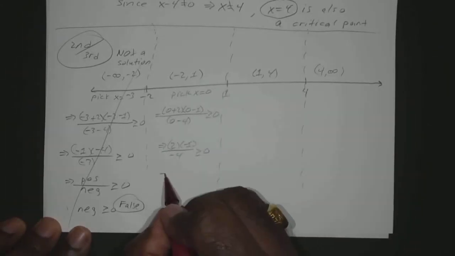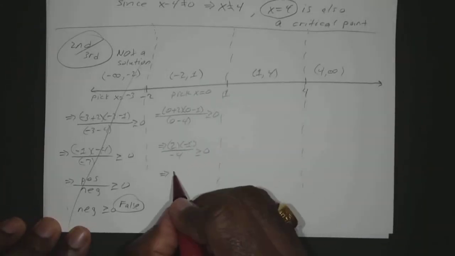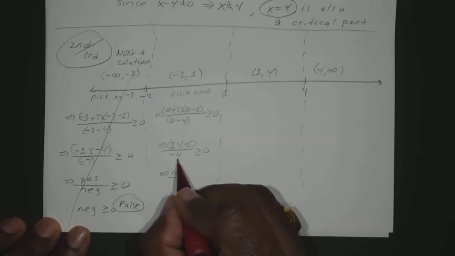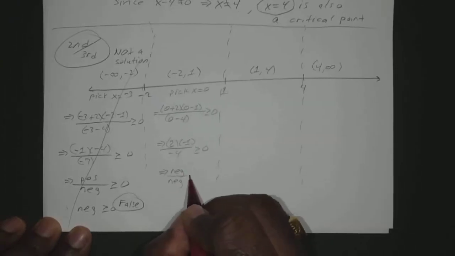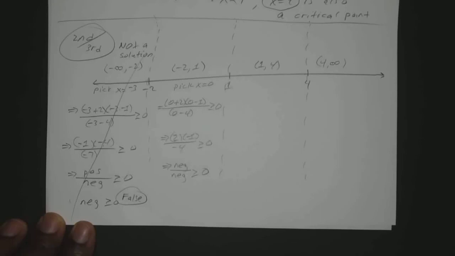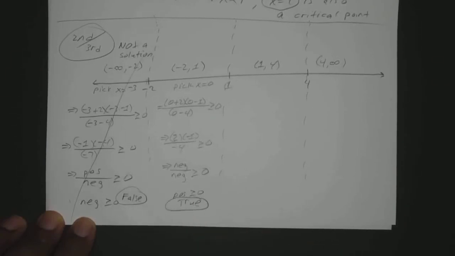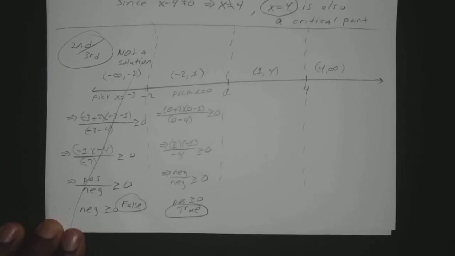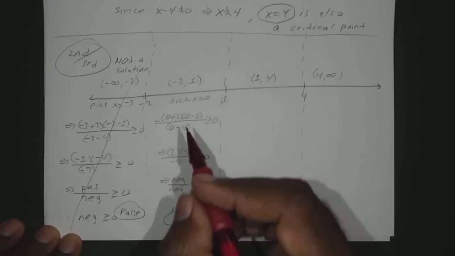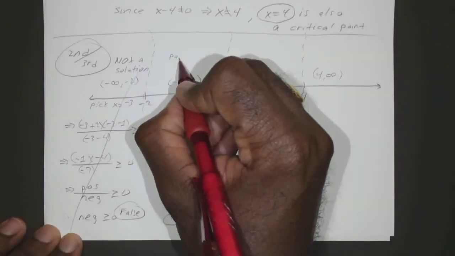If you don't want to solve it out, you just want to know that negative divided by negative is positive. So if you have a positive is greater than or equal to 0, it's true. Okay. So we know this one is part of the solution.